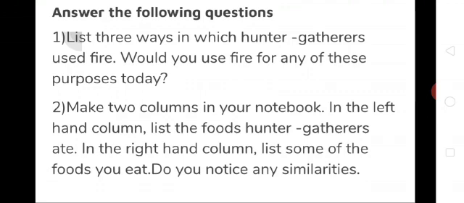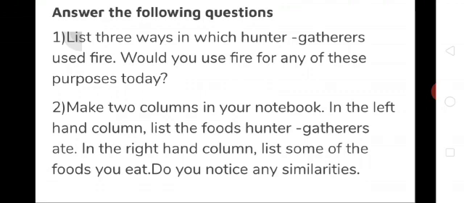In the left hand column, list the foods hunter gatherers ate. What are the foods that hunter gatherers ate? We have seen in the class that they used to eat plant produce, like roots, and they used to eat meat.